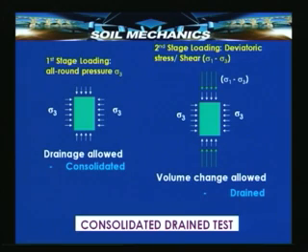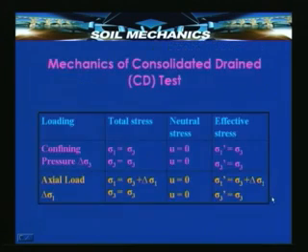With the help of the diagrams which we had seen a little while earlier, we can say that in the first stage drainage is allowed and consolidation is permitted, and in the second stage volume change is allowed and drainage is permitted. We now come to the most important aspect of this test, that is the way the stresses change during the test.